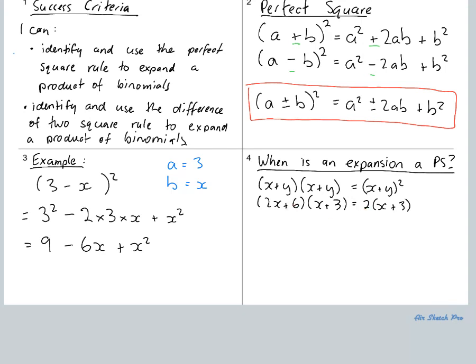So there's my positive 3. So now I've got 2 outside of (x plus 3) times (x plus 3), which equals 2 outside of (x plus 3) all squared. And then you can use the perfect square rule.